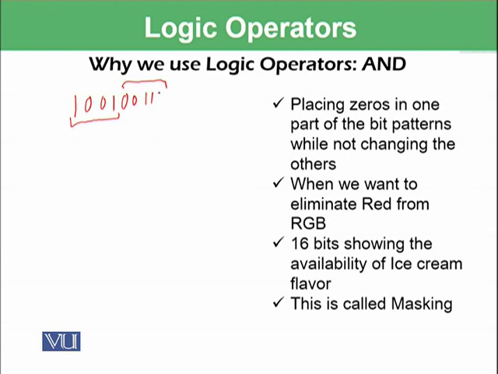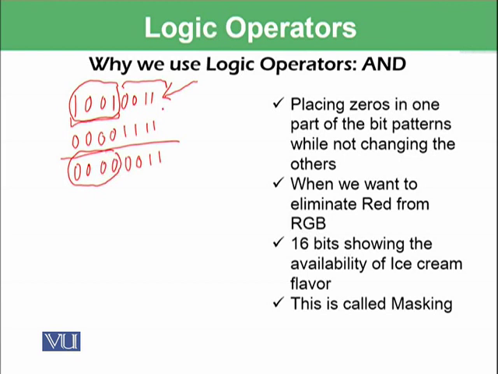What you can do is AND it with the number 0 0 0 0 1 1 1 1. So let's see the answer. 1 1 would be 1, 1 1 would be 1, 1 0 would be 0, 1 0 would be 0, and all of these bits would be 0. You have seen that we have changed the first 4 bits of this number to 0, while the next 4 bits remained unchanged.